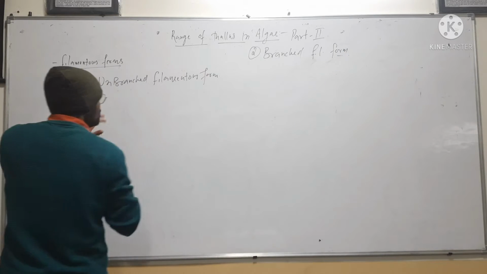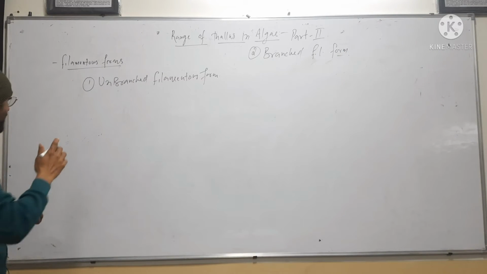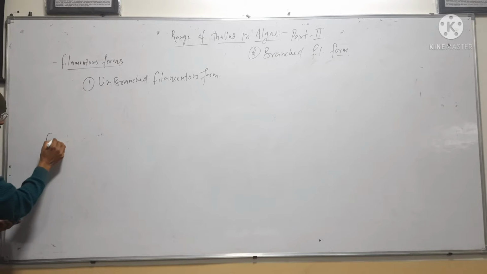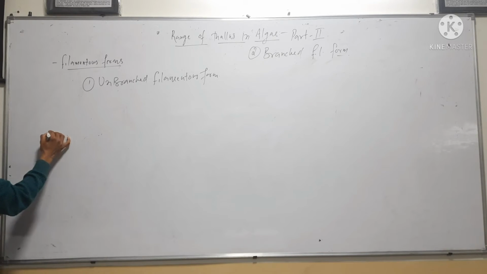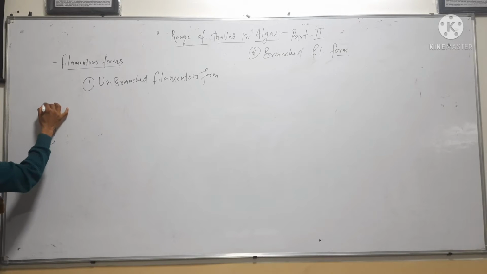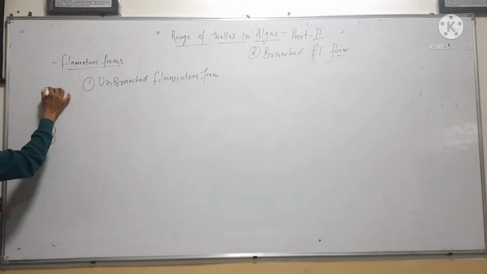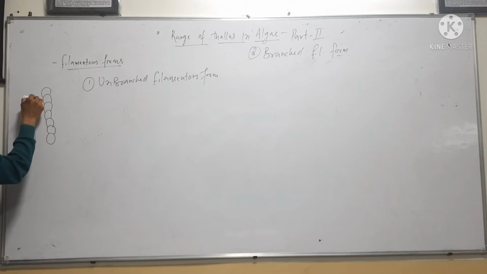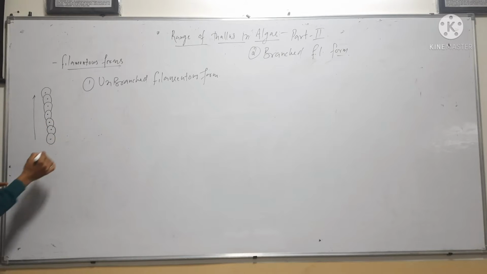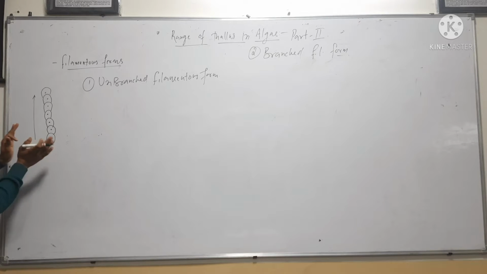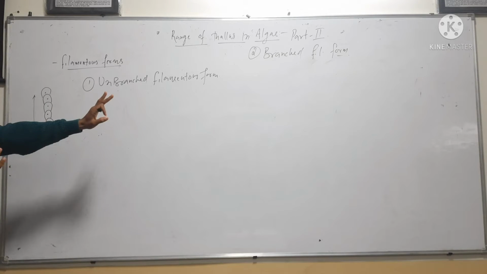So how are unbranched filaments formed? When a cell divides and after division it does not separate from its parent cell, and they divide in one direction, in a single vertical direction, then a filament is formed. This filament is called unbranched filament.